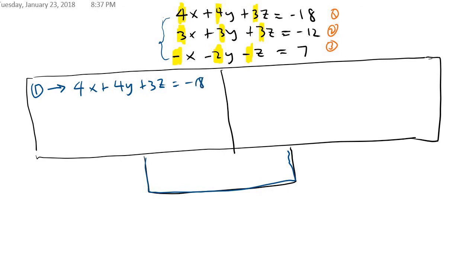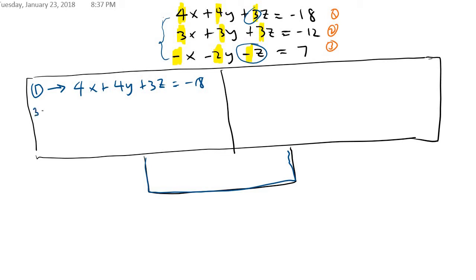But this time we're going to multiply equation 3 by 3, so that we can have this coefficient here to be -3. We already have the coefficient here as 3, so we want the coefficient in the last equation to be -3, so that when they combine, they will cancel. So we're going to multiply equation 3 by 3.